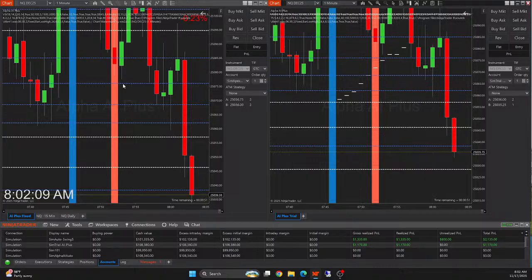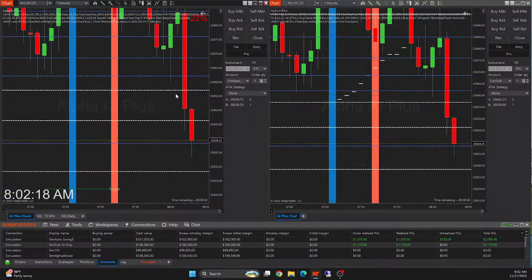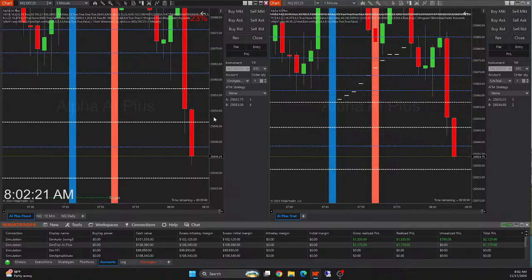Market is pushing down now and we're still short. Come on, good job. Let's go. Keep moving, buddy. Good job. Swing 5 is up 2 grand now.